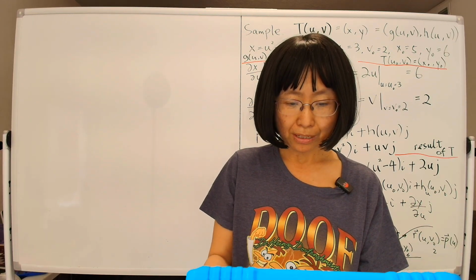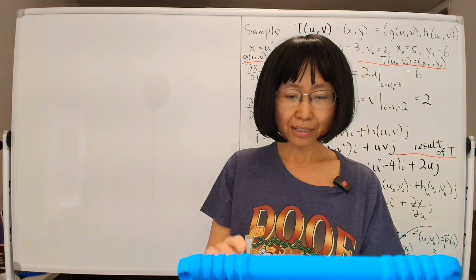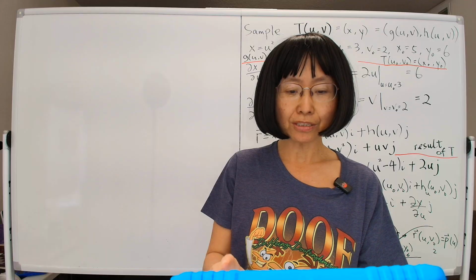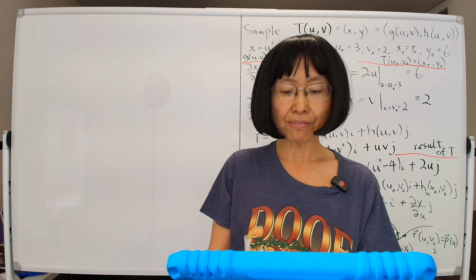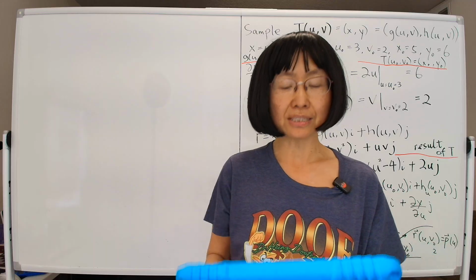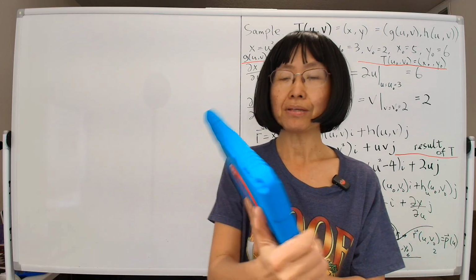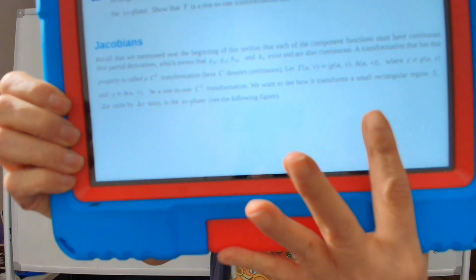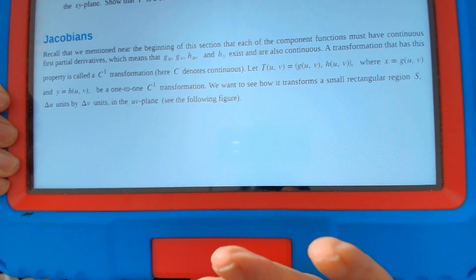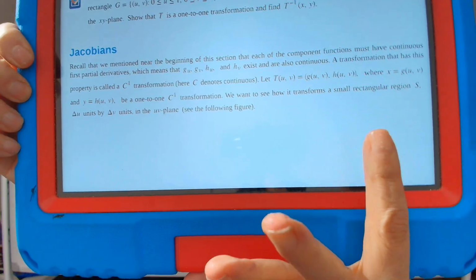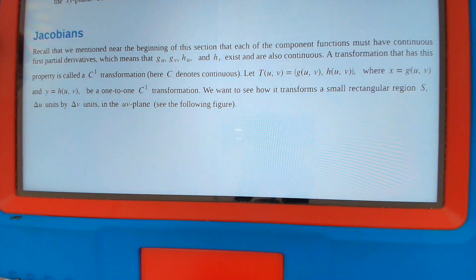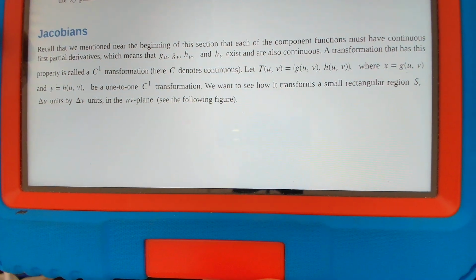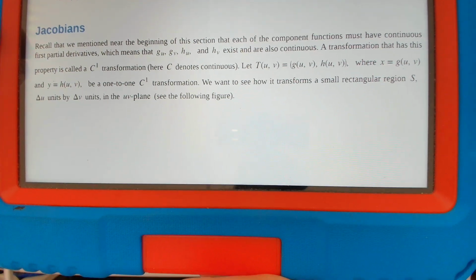First, for the Jacobian, the first partial derivatives have to be continuous. And if that happens, it is called a C1 transformation. What I mean is, let's say T is that transformation we looked at, right here. T of (u, v) is (g(u,v), h(u,v)), where x is the first component and y is the second component.